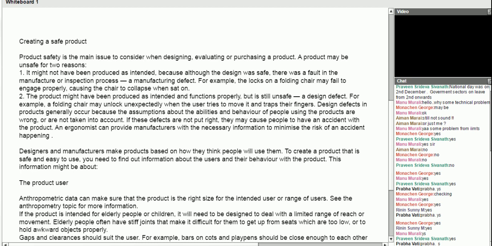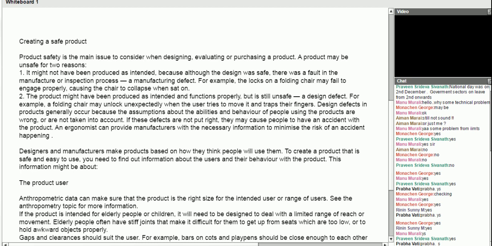For example, the locks on a folding chair may fail to engage properly, causing the chair to collapse when sat on. Number two, the product might have been produced as intended and functions properly but is still unsafe, which means there is a design defect.